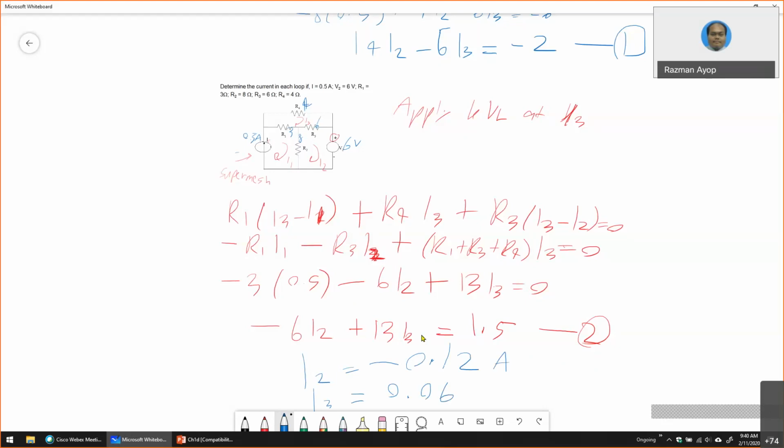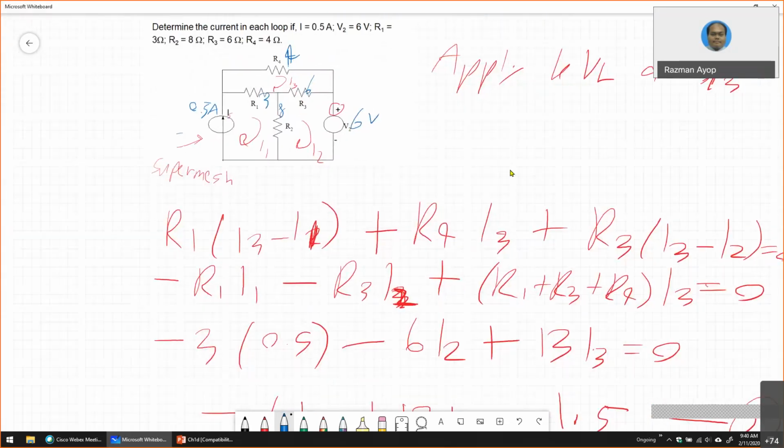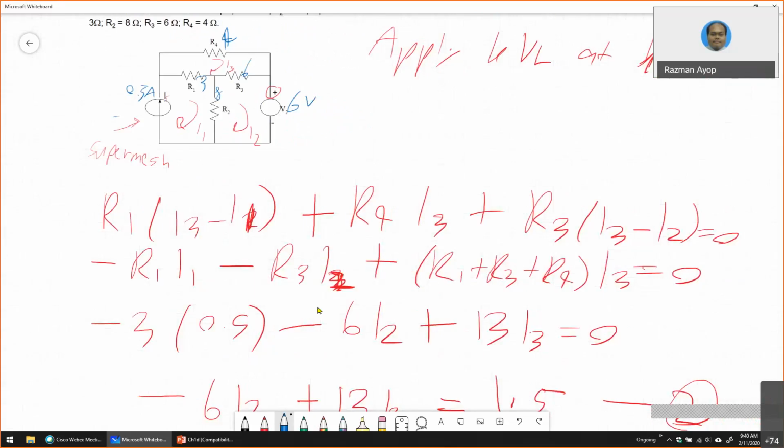So you get the node and the mesh current. If the question asks for the branch current, you have to use the method I showed before. That's it for Kirchhoff's current law.